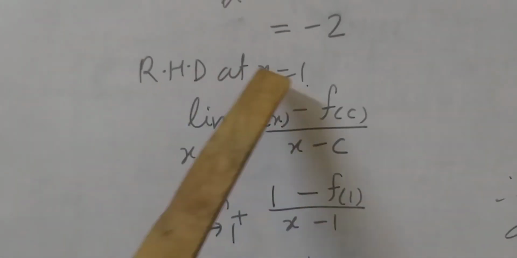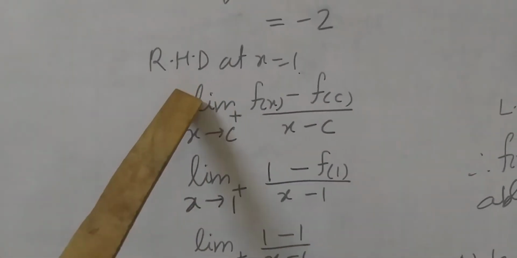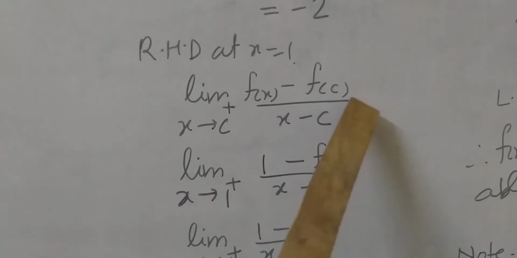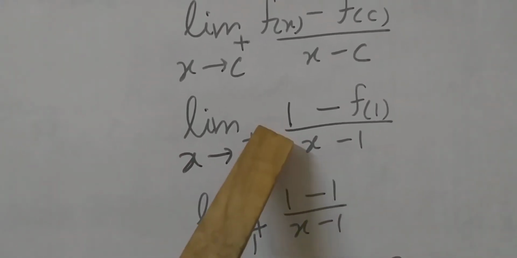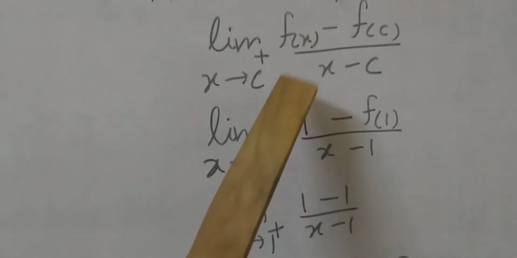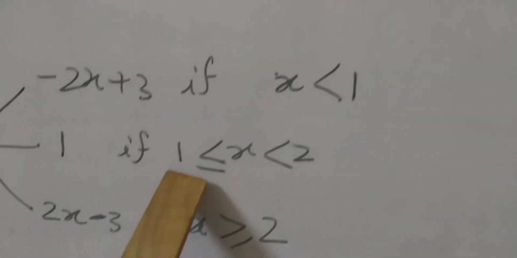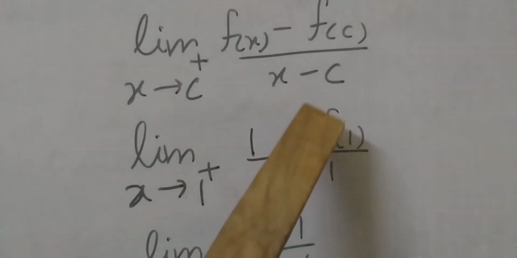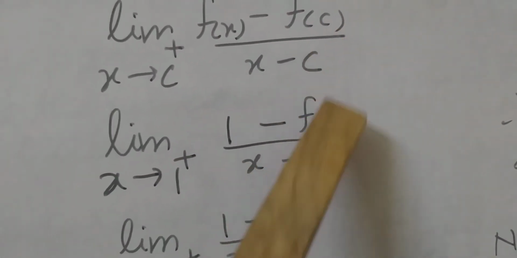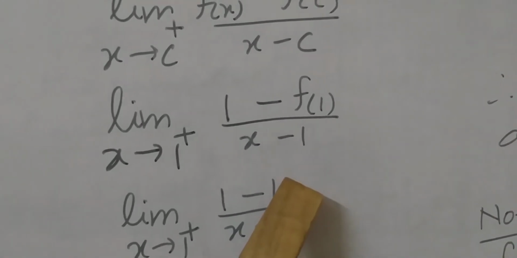Now RHD at x = 1. The formula is the limit as x tends to c from the right of (f(x) − f(c))/(x − c). So the limit as x tends to 1 from the right. For x greater than 1, f(x) is 1, and f(1) is also 1.